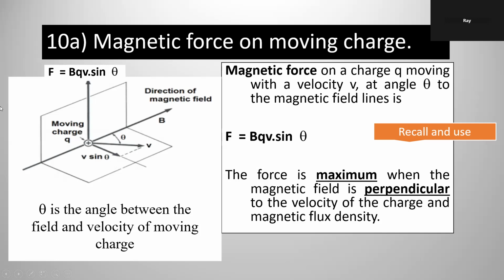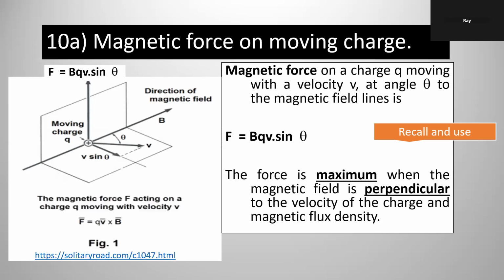Force is maximum when the magnetic field is perpendicular to the velocity of the charge, with magnetic flux density. You're required to remember and use it. There's a vector equation which you study when you go to university. That's a cross product.